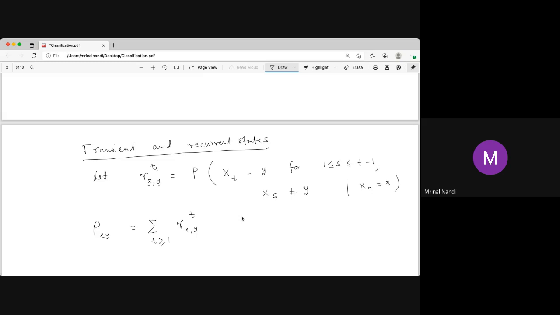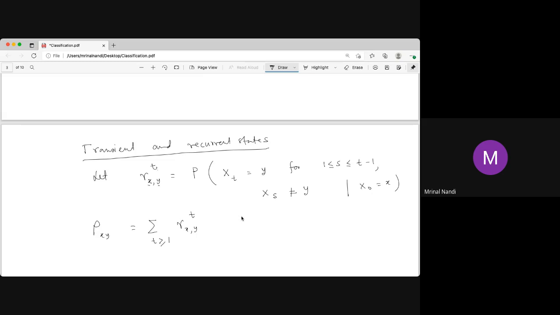The probabilities add up as a sum, because these events are mutually exclusive. Once it has reached y the first time after one step, it can't reach y the first time after two steps, since it already reached y in the first step. So these are all mutually exclusive, which means we sum over all probabilities.